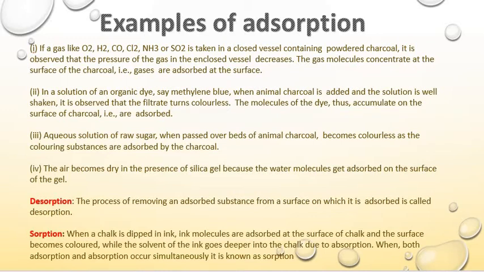Let's understand with an example: when a chalk is dipped in ink, the ink molecules are adsorbed at the surface of the chalk and the surface becomes colored, while the solvent of the ink goes deeper into the chalk due to absorption. So, when both processes, adsorption and absorption, are happening simultaneously, it is known as sorption.